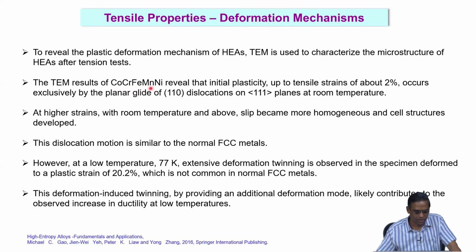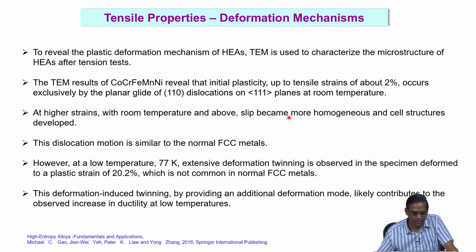So, what is reported for the cobalt, chromium, iron, manganese alloy is that the initial plasticity up to the tensile strain of 2%, that is, you are observing a plasticity exclusively by a planar glide of 110 dislocations on 111 planes at room temperature.